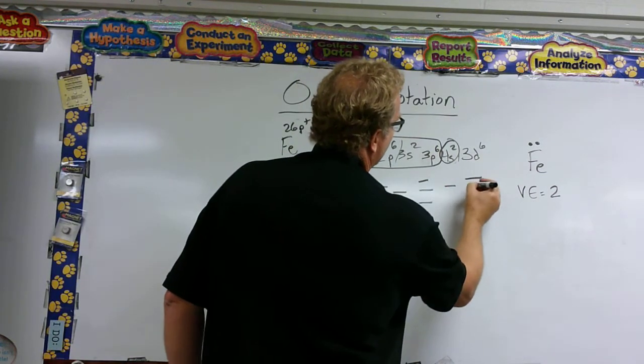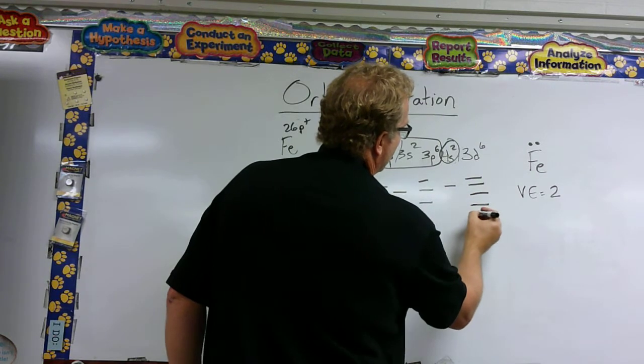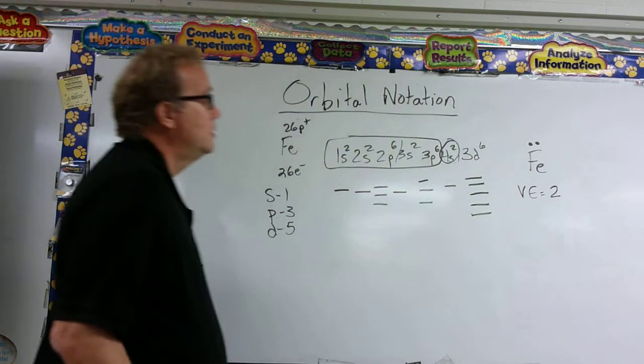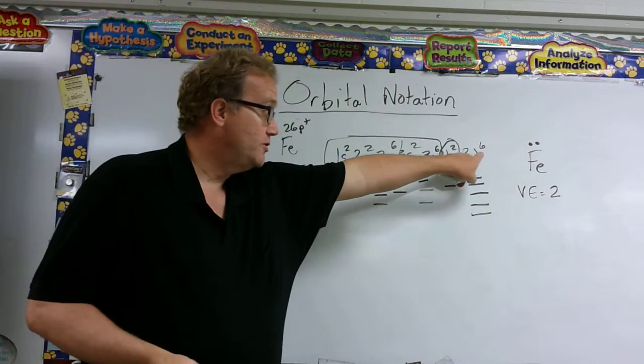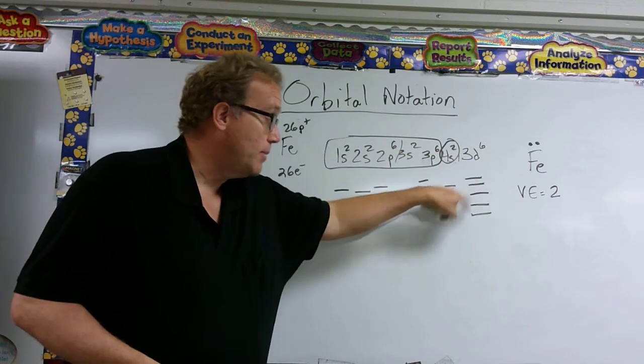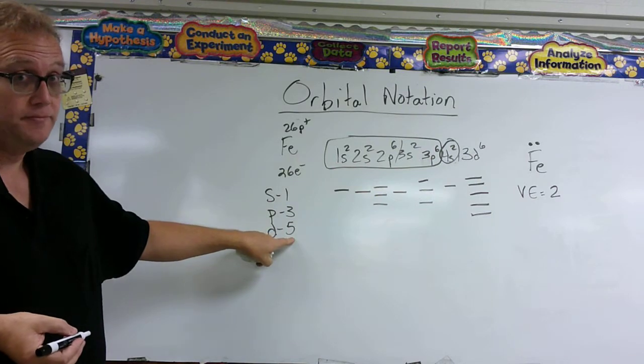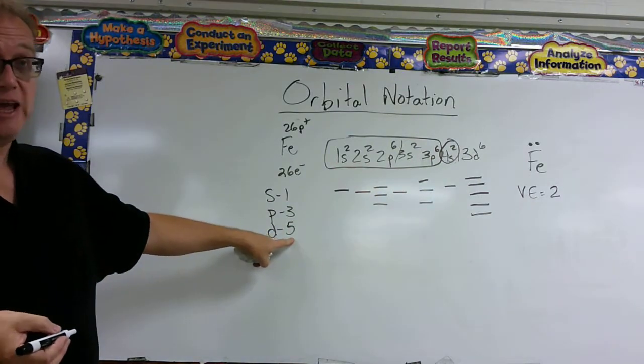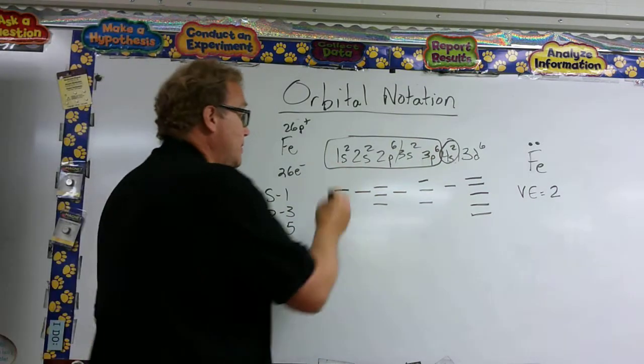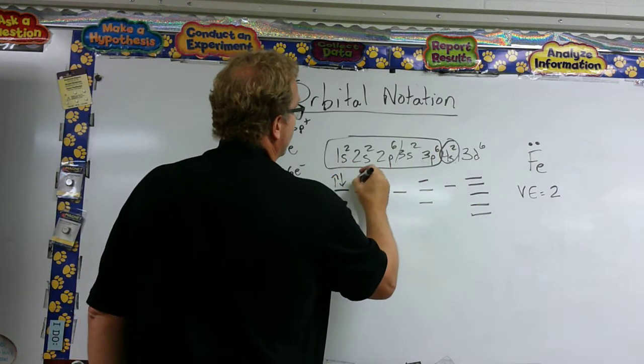So I do not pay attention to that as far as figuring out my orbitals. I go according to my set number. I can't change pattern. Then I'm going to fill in my electrons.